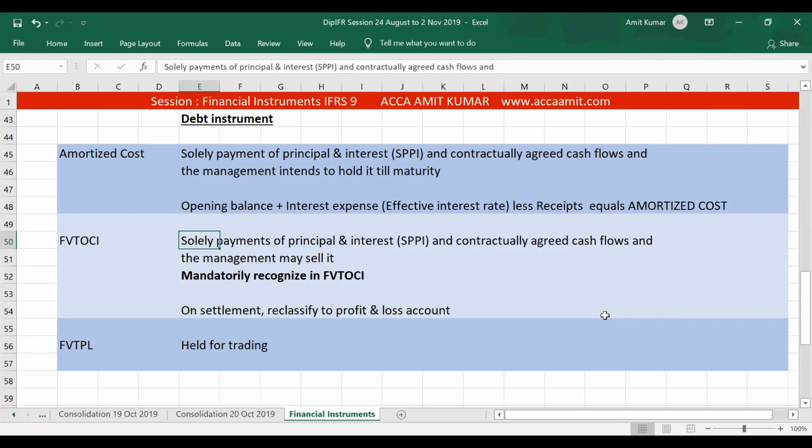So if I have to create a provision or an allowance relating to this asset, if I am taking the difference to OCI, where will I show this loss allowance?